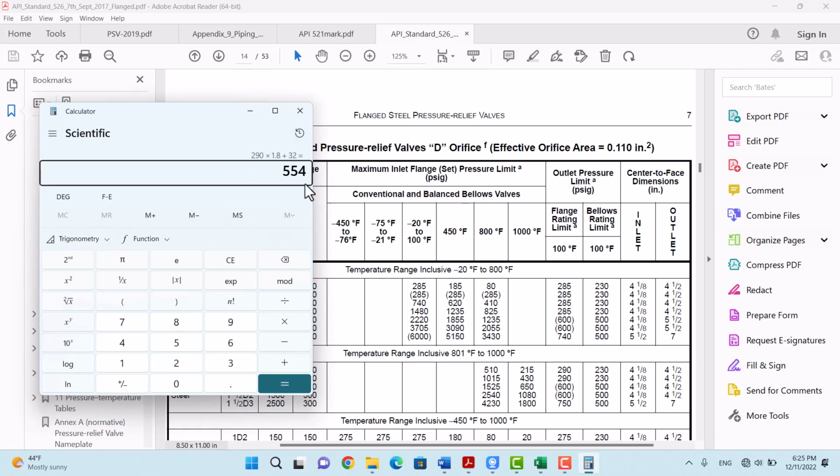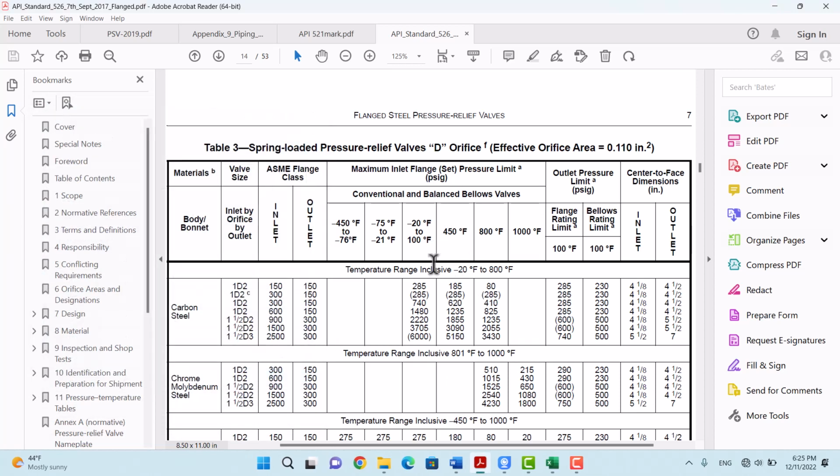So it is about 554 Fahrenheit. So it is more than this value, but less than this value. So it lies in this column. And the intersect between the fourth row and this column is this value. So the maximum pressure that the inlet flange can tolerate is 825 psi.